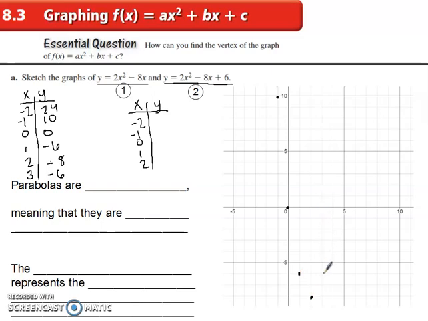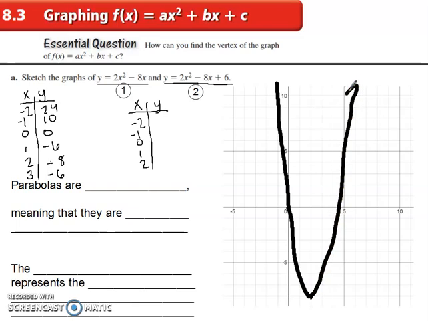So (3, -6) is here, and we see that if I do connect all of these dots, my parabola does U-turn right at that point to -8. So my graph would look something like that. And we call this point here our vertex. It is that turnaround point or that peak of our parabola.